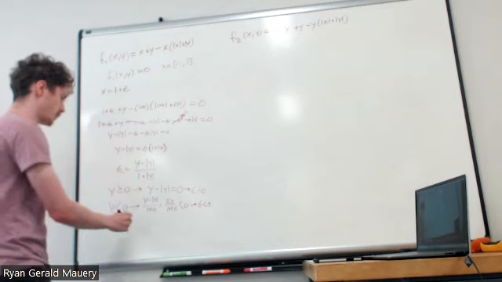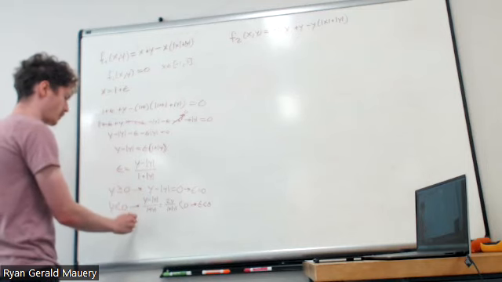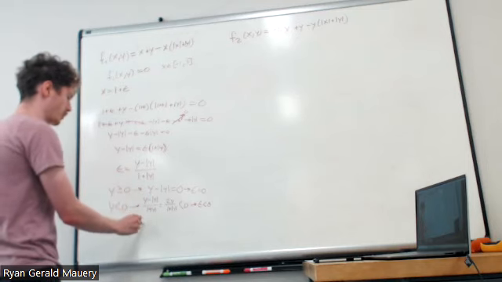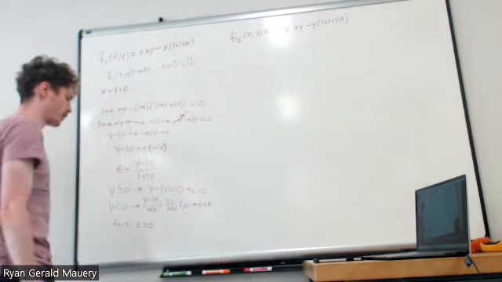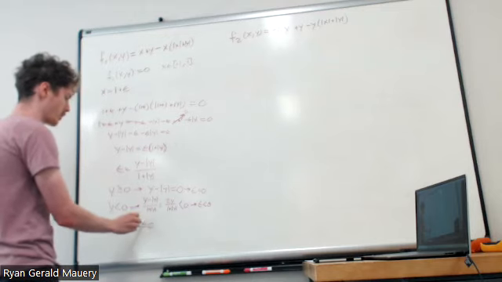big to small, you have epsilon greater than, or sorry, less than or equal to 0.